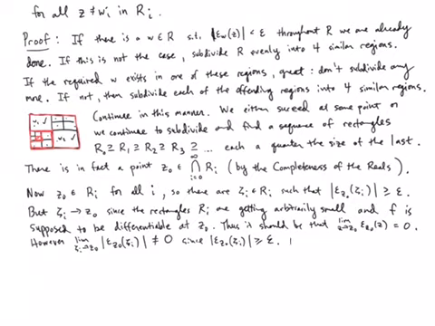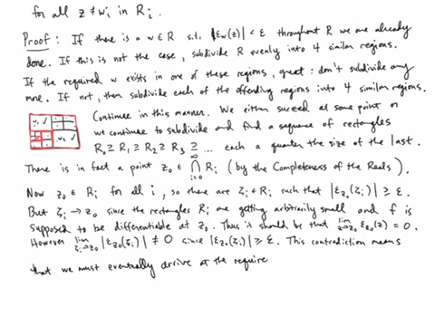So this contradiction means that we must eventually arrive at the required subdivision of R.